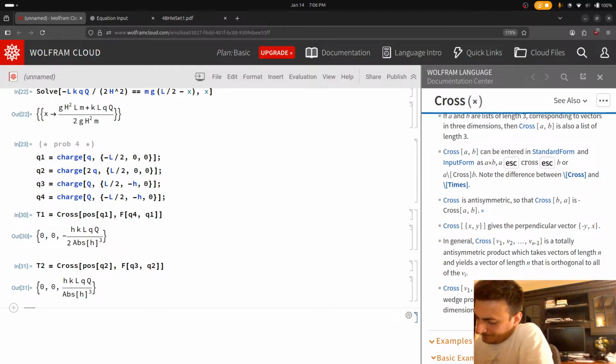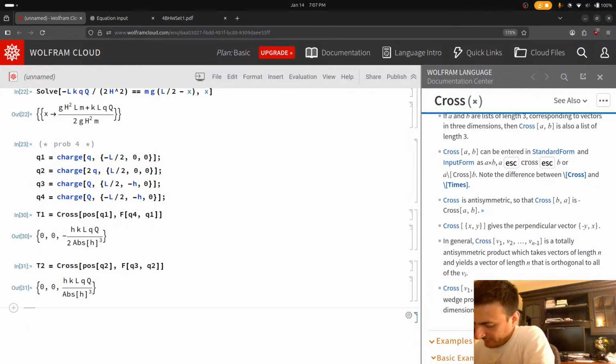This is going to be equal to k Q big Q divided by H squared times (0, 1, 0).